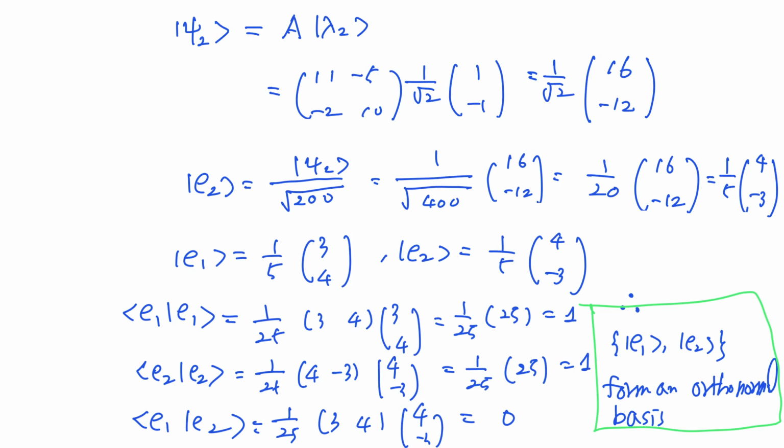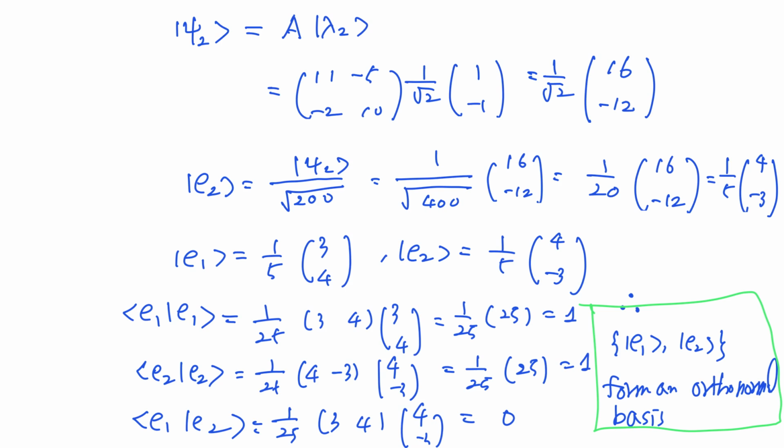So are you following the procedure? We first have a non-Hermitian matrix A, and we form a positive matrix M by multiplying A dagger with A, and then find the eigenvalues and eigenvectors of that Hermitian matrix. From those eigenvectors, we form the new vectors psi 1 and psi 2.